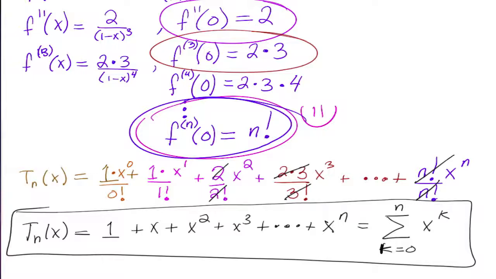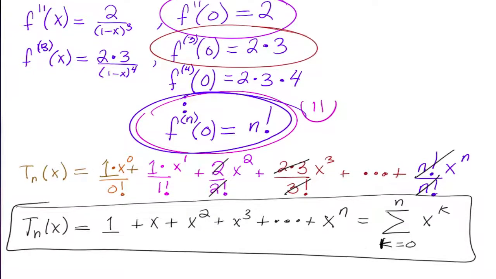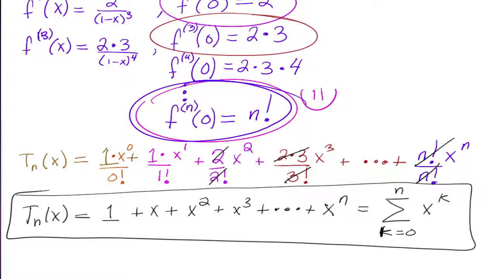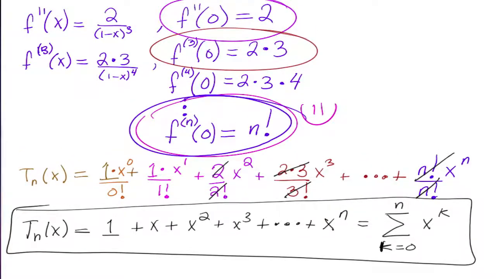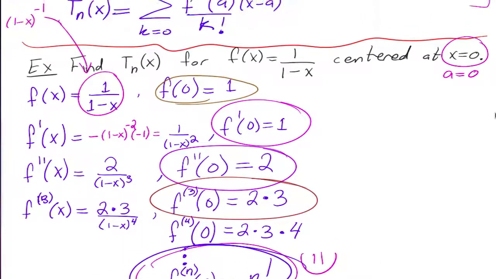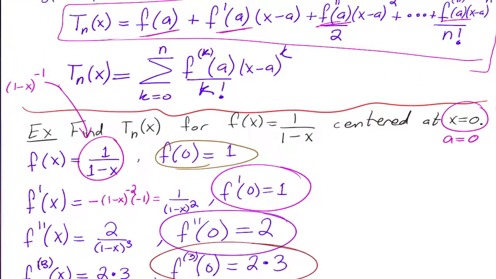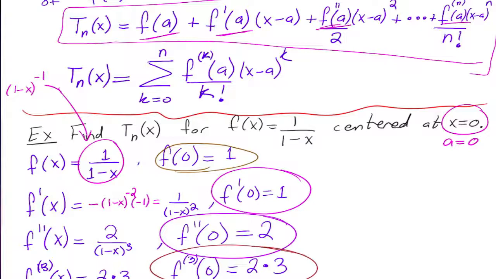Why is this useful? It's useful because let's say you wanted to find T4 of x. You would have to go through and do the first, second, third, and then fourth derivative, evaluate and all that stuff.